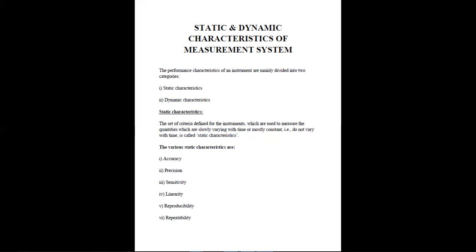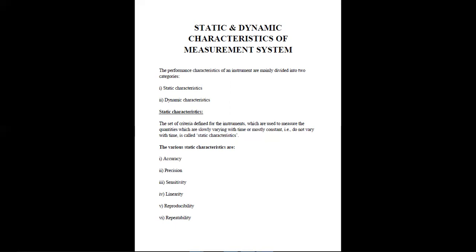Means the characteristics of any instrument which do not depend on a time varying quantity. As time increases or decreases, the value of the quantity changes; this is not considered in static characteristics.